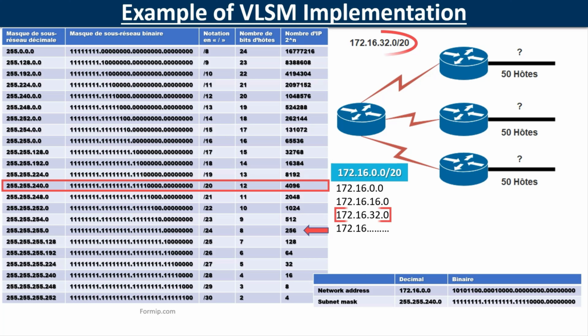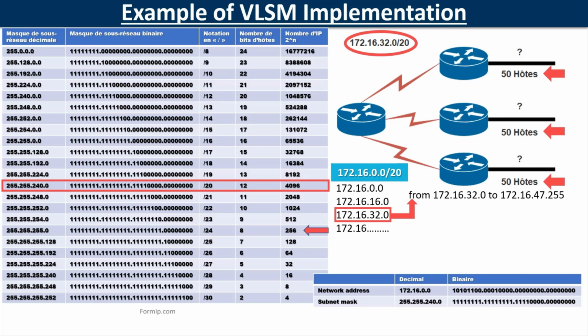We decide to work with the subnet 172.168.32.0/20. The usable addresses range from 172.168.32.0 to 47.255. With this address and this mask, we would like to create LANs that could contain 50 hosts.